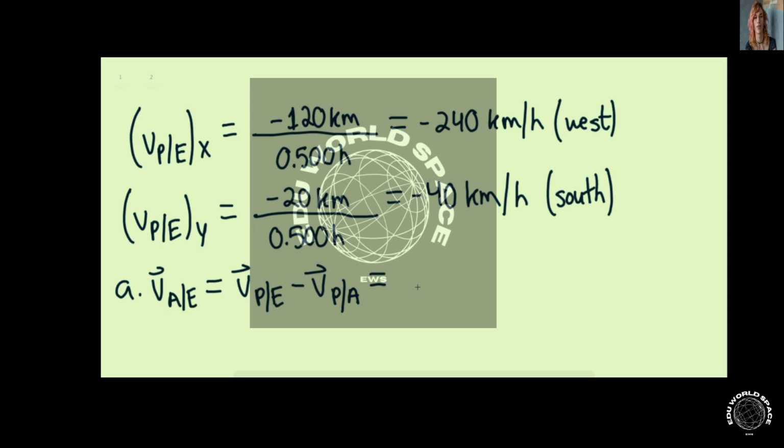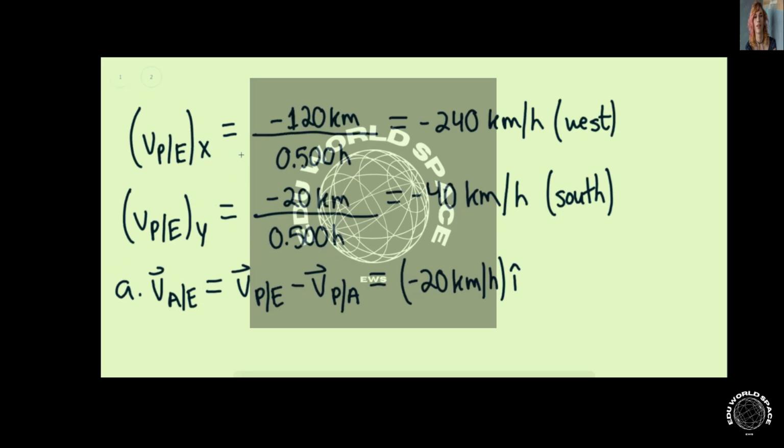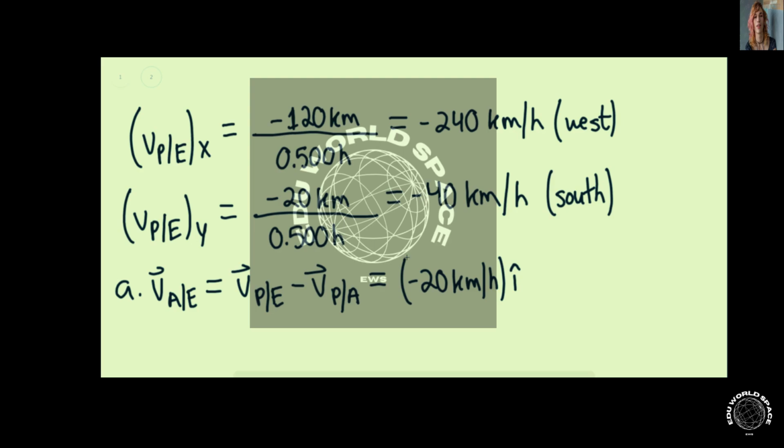So this is simply going to be negative 20 kilometers per hour i hat. Again, that would be negative 240 minus negative 220, so it would be negative 240 plus 220, negative 20 kilometers per hour.